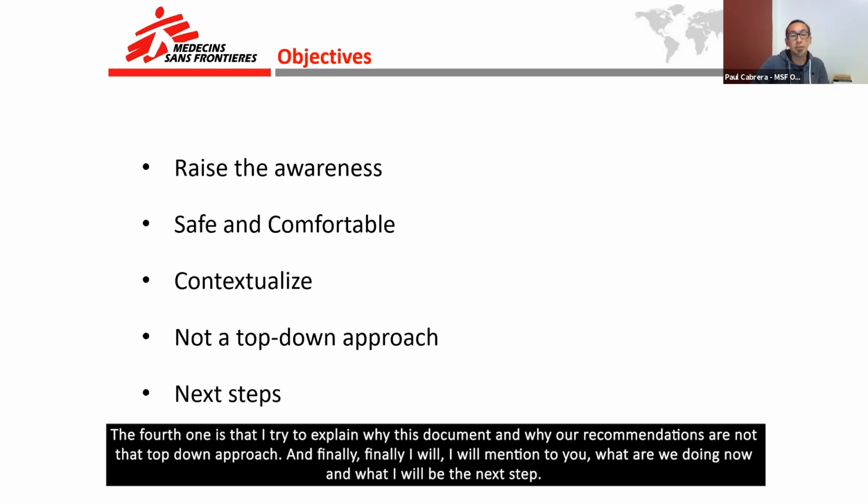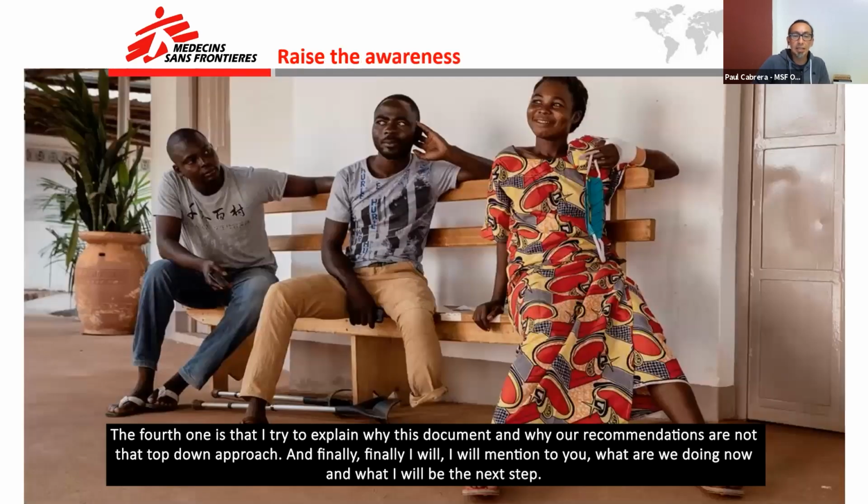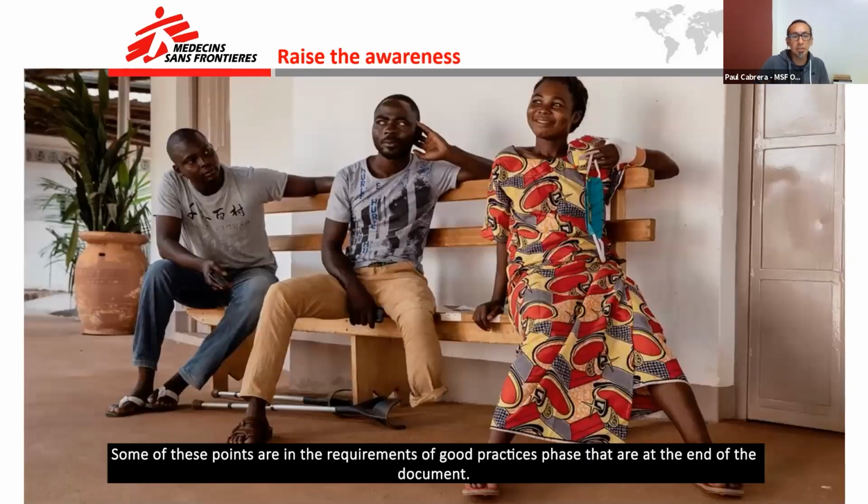The fourth one is to explain why this document and our recommendations are not a top-down approach. And finally, I will mention what we are doing now and what the next steps will be. Some of these points are in the good practices page at the end of our document.